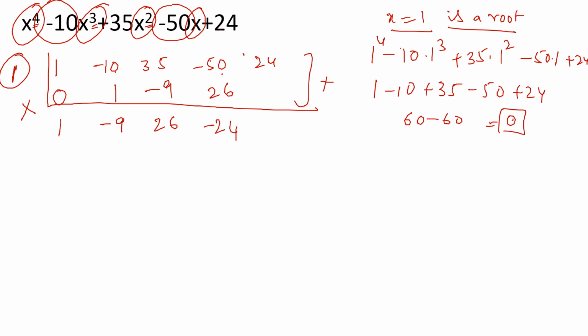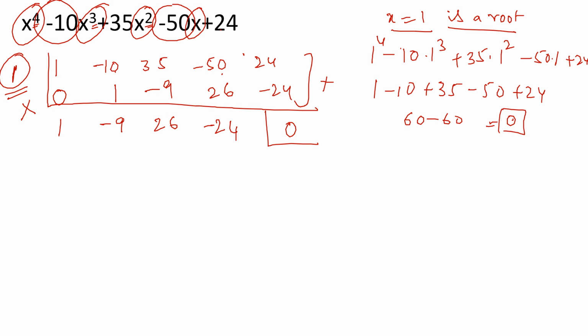Now minus 24 multiplied by 1 is minus 24. If it is a root, whatever number you have taken here is a root, you will get 0. We will write 0 here.